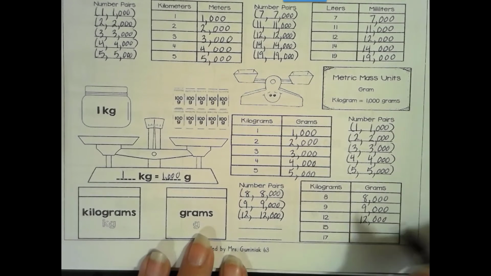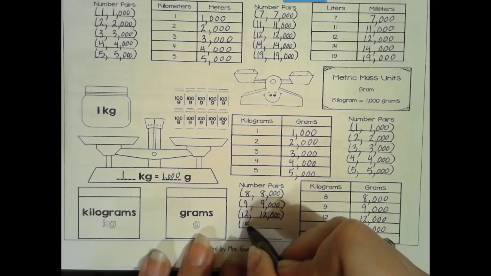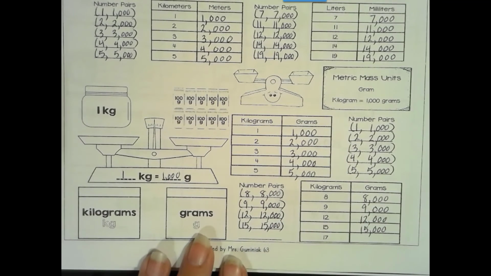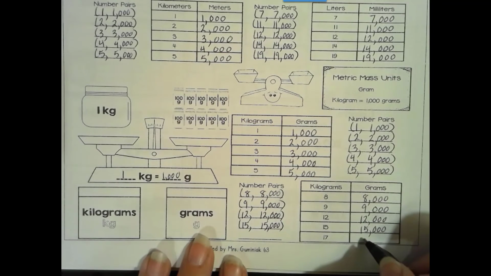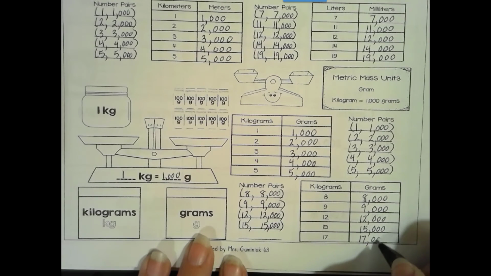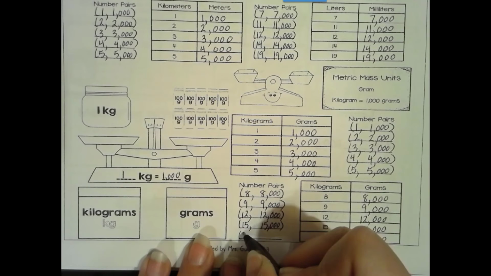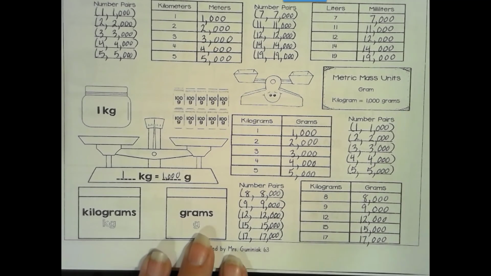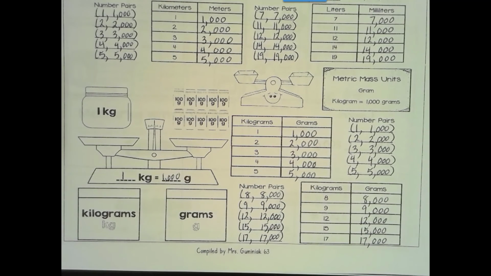Okay, next, for 15, there'd be 15 sets of 1,000, or 15,000 grams. Okay, 17, there'd be 17 sets of 1,000, or 17,000 grams. Okay, so now we're going to do some more practice with our 3-column notes.